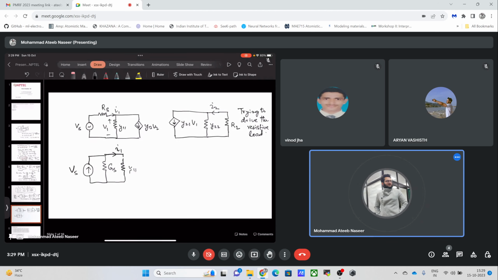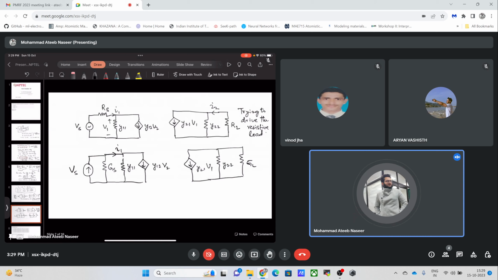This is I1, this is Y11, we have Y12 times V2, Y21 times this input perturbation V1, and Y22 with this output load, which is now represented by the conductance GL. As simple as it gets.